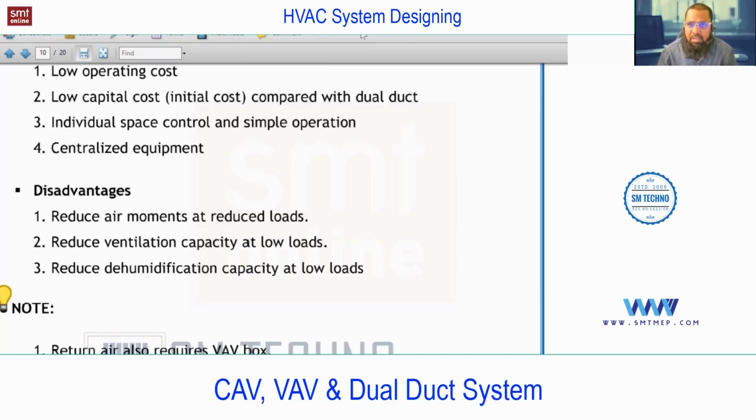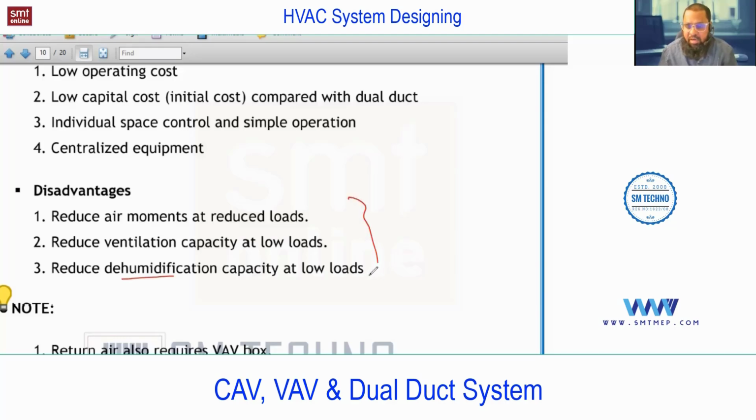The VAV will set the required temperature and stay at minimum for a longer time now, because the load is less, right? In that case, what will happen? The movement of air reduces. If the movement of air reduces, that causes discomfort, and the pressure also reduces, and the reduced movement of air means the dehumidification capacity also reduces.